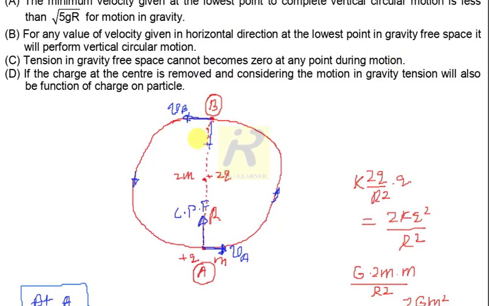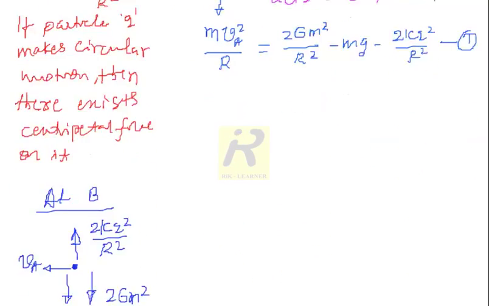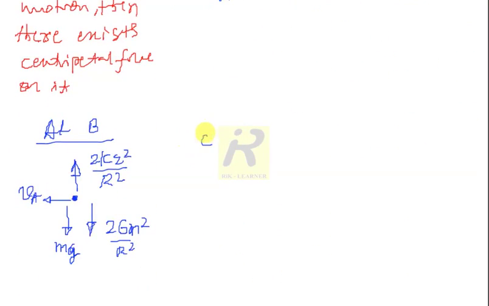So here the centripetal force is acting downward, right? In the downward direction, the centripetal force must act. So what should I write now? Be careful when you are writing here.